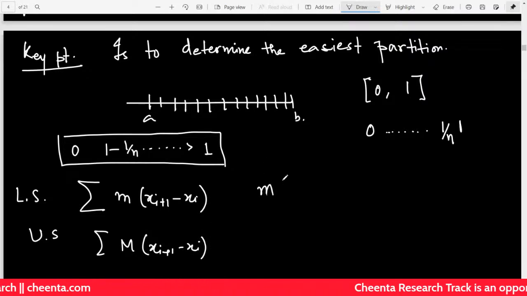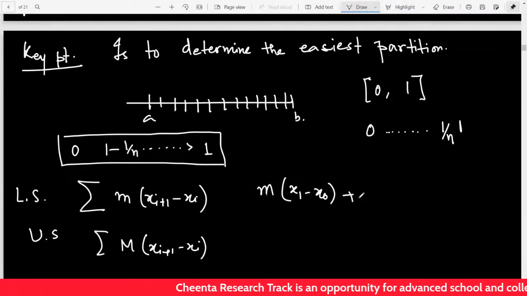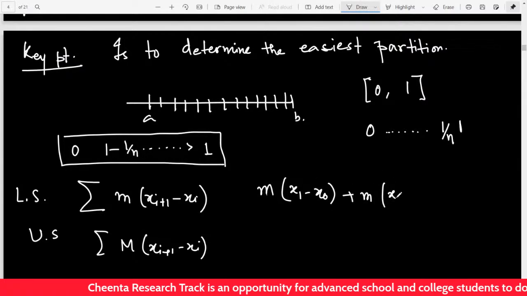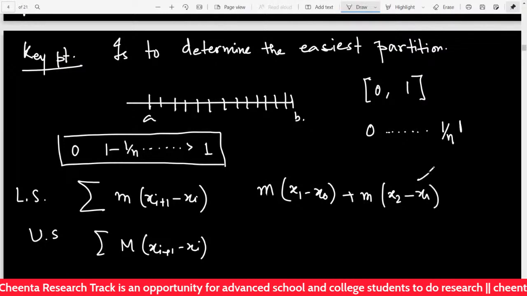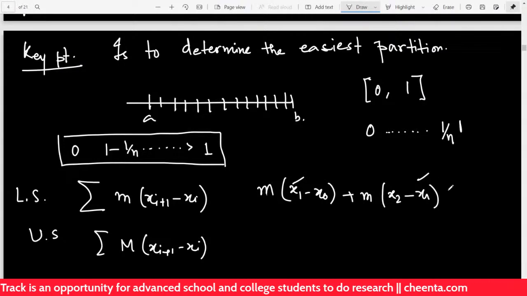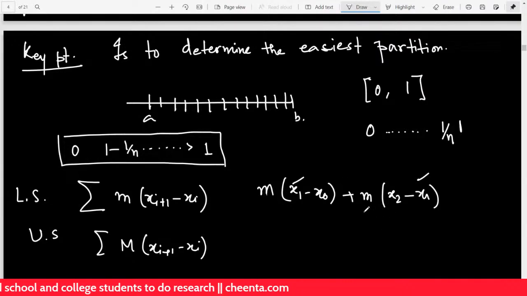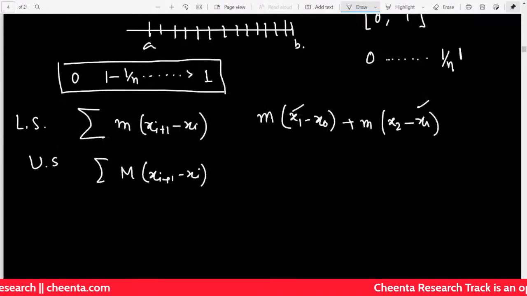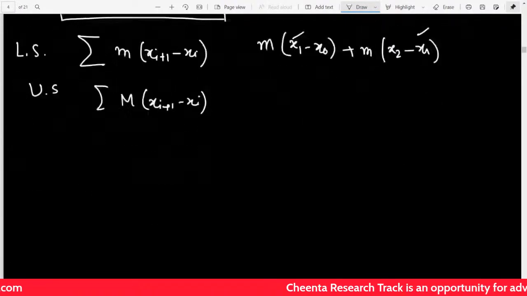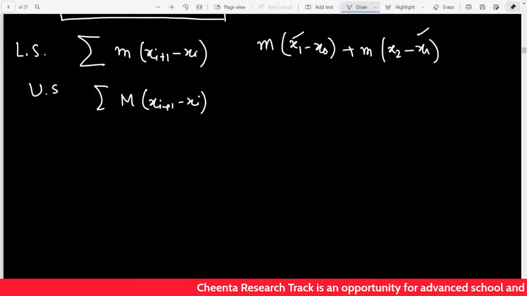So the first thing is m into x1 minus x0 plus m into x2 minus x1. These telescoping terms will always come. That is the reason choosing the easiest partition is something you should be very careful about, because if you take a very difficult partition, you might get the answer, but it might take a lot of time.